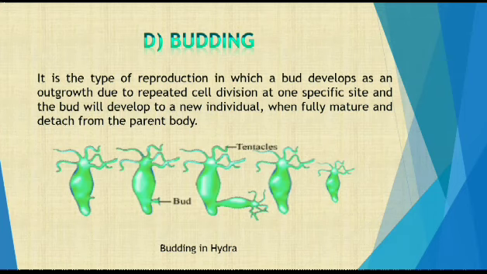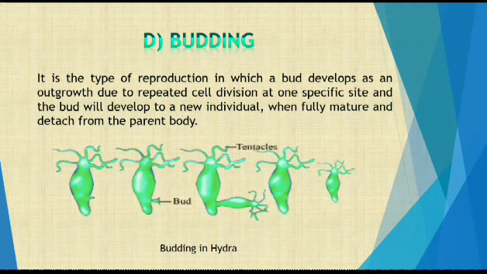Next one is budding. The best examples are hydra and yeast. Yeast is a unicellular fungus. In this, the hydra diagram is there. You see that the parental body is there, and on that parental body a small protuberance forms, which is called a bud.